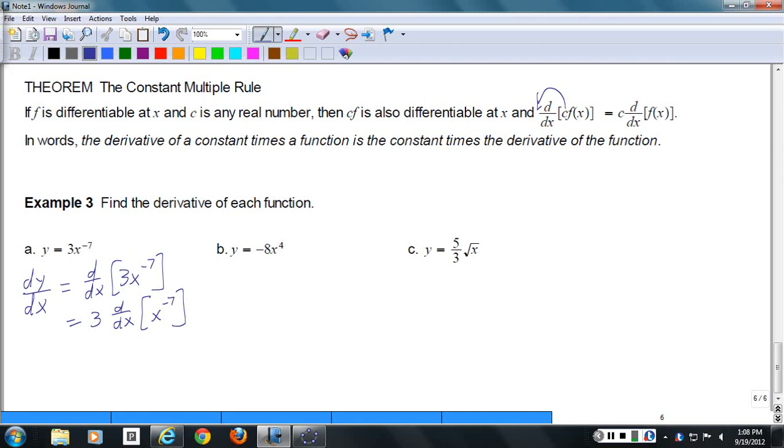So we find the derivative. I guess it'll take a couple of steps to find the derivative of x to the negative 7. This is 3 times negative 7 x to the negative 8. And now with the d dx gone, we feel like multiplying by 3. Of course we can. This equals negative 21 x to the negative 8, which then we could write as negative 21 over x to the 8th.